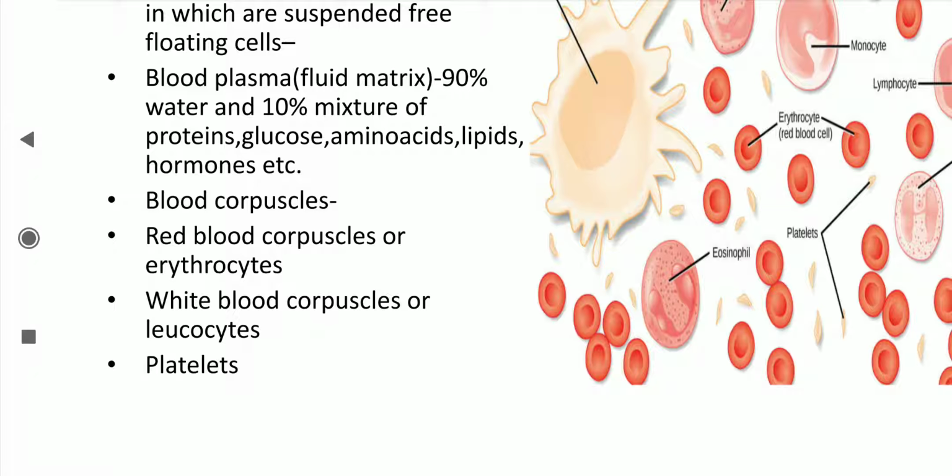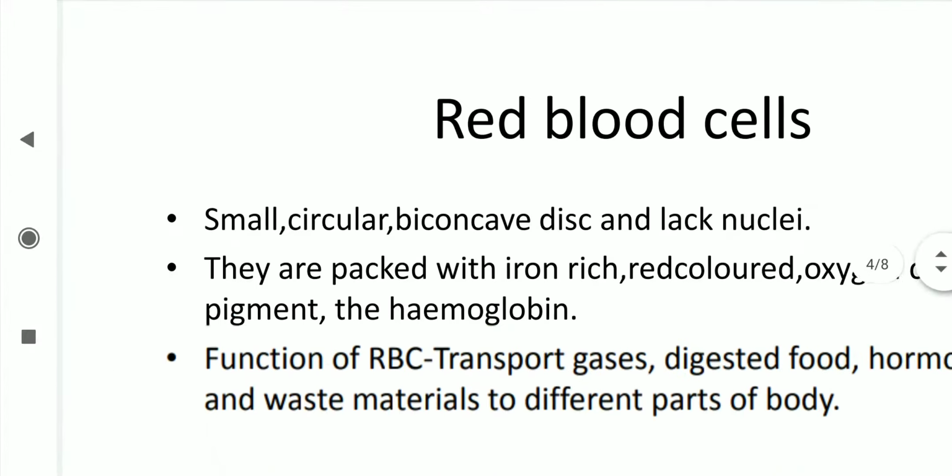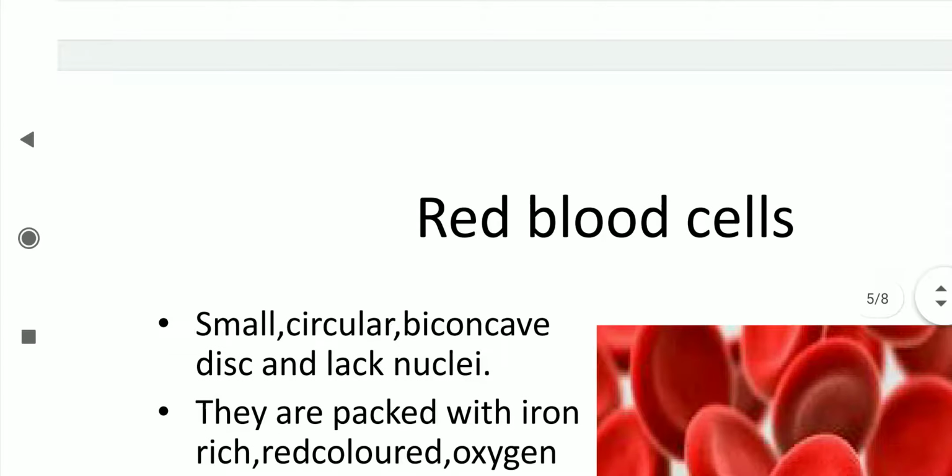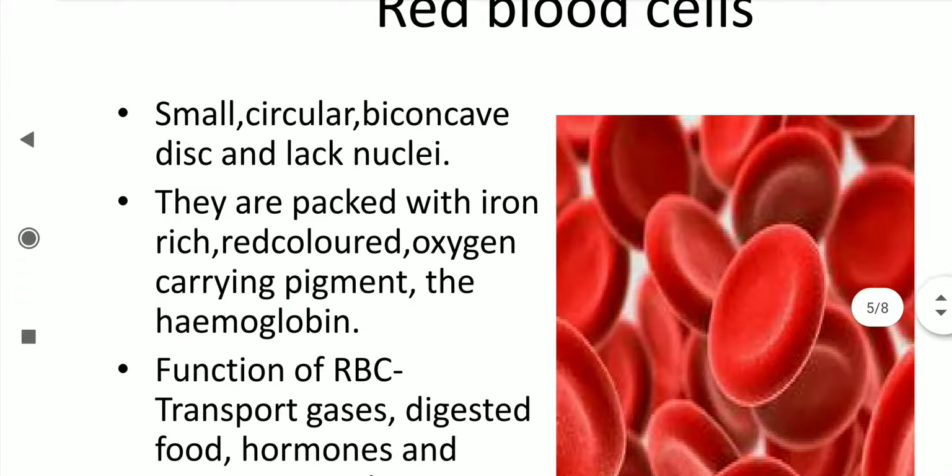One is red blood corpuscles and the second is white blood corpuscles. Now the third thing it contains is platelets. Now we are going to discuss what is the function of red blood corpuscles, white blood corpuscles and platelets. In the next slide I am going to tell you about red blood cells.